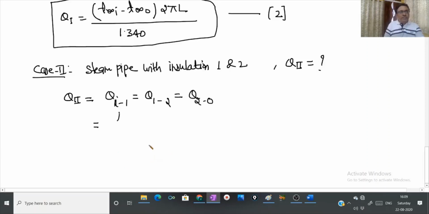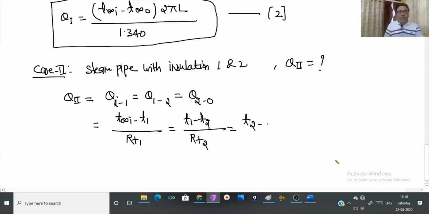In terms of temperature, (T infinity I minus T1) over RT1 is equal to (T1 minus T2) over RT2 is equal to (T2 minus T infinity O) over RT infinity O in the second case.